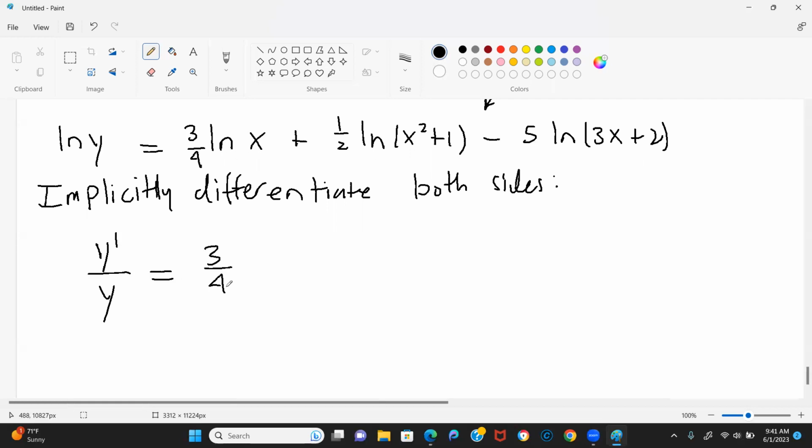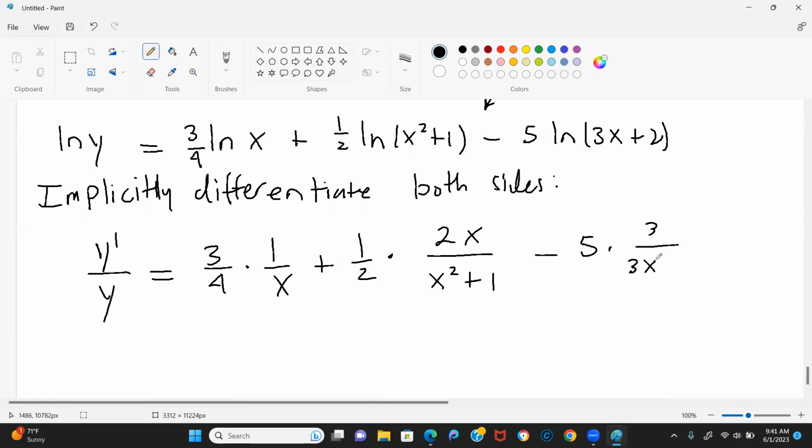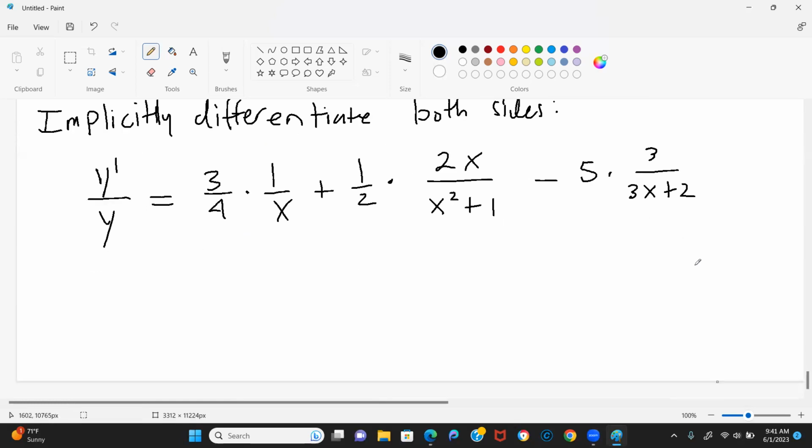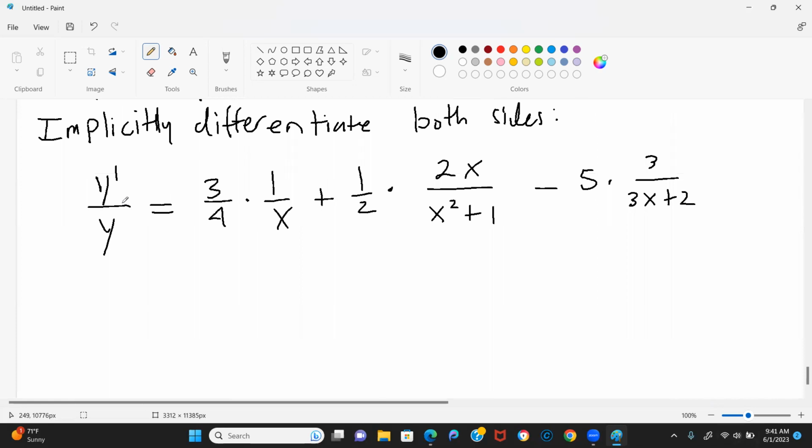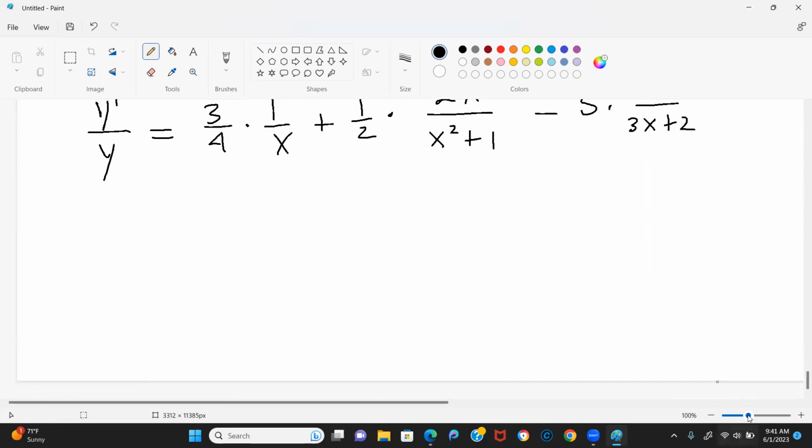It's going to be 3/4 times 1 over x plus 1/2 times 2x over x squared plus 1 minus 5 times 3 over 3x plus 2. And then as I said, y prime, which is what we're trying to find, just pops out naturally.